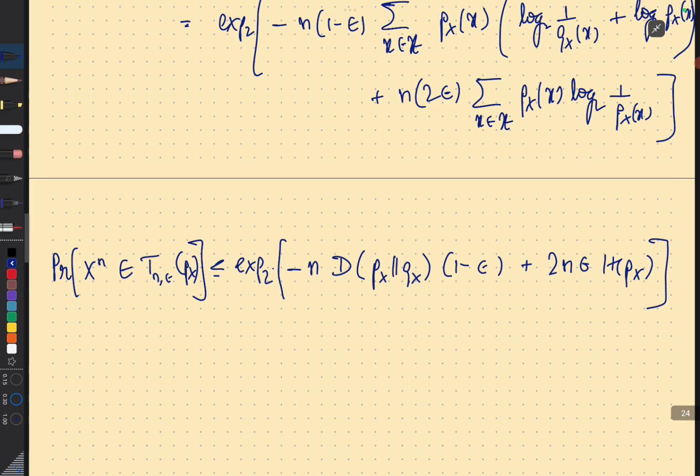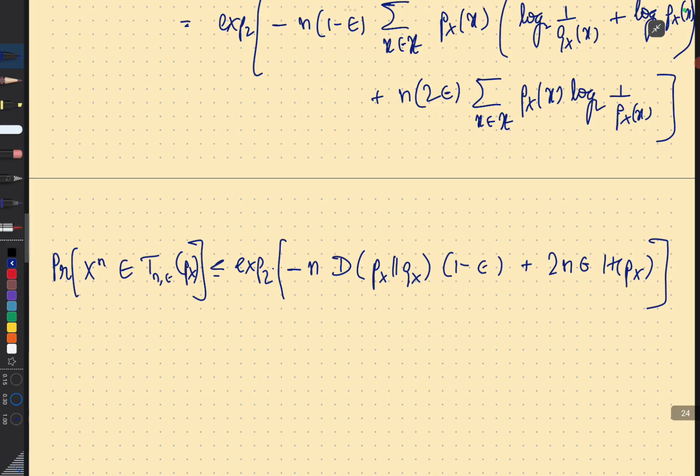So the probability that x^n, which is distributed according to q_X, lies in the typical set corresponding to p_X decays as 2 to the minus n times the KL divergence between p_X and q_X, right? Which is logical if you think about it, because if p_X and q_X are very different from each other, then the empirical frequencies of x^n, because it's distributed according to q_X, should be very close to q_X.